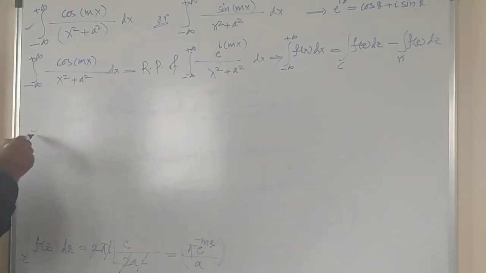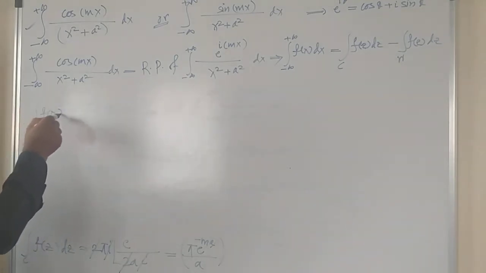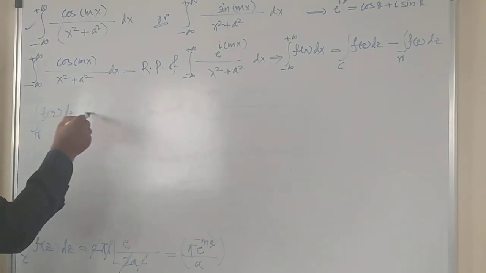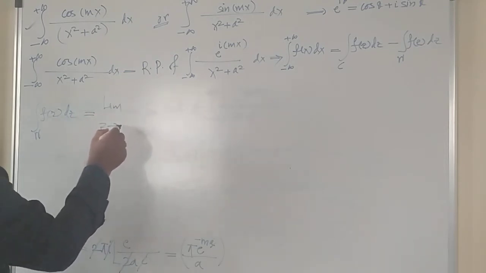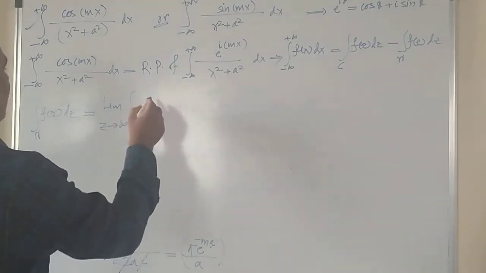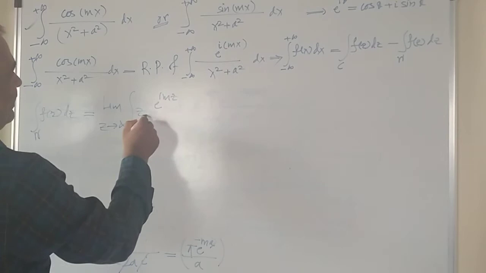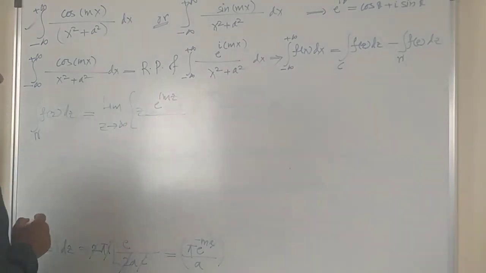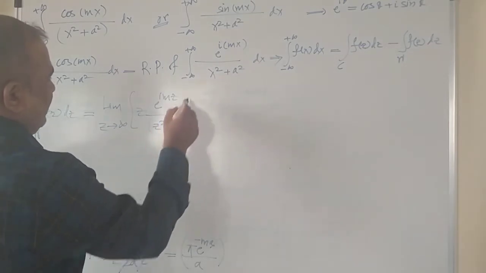Now for the second, integral over the gamma of f of z dz, its solution is equal to limit z tends to infinity, z into f of z. So f of z is e raised to i m z divided by z square plus a square.